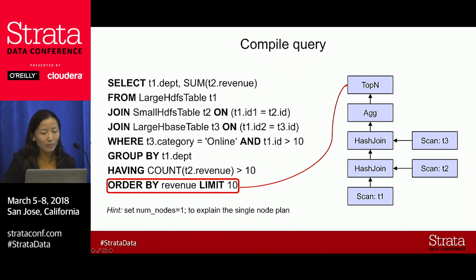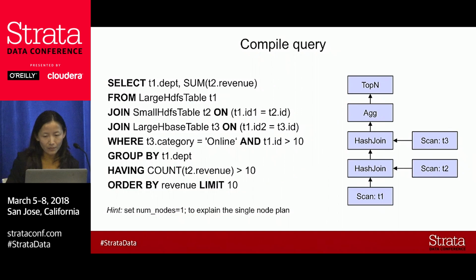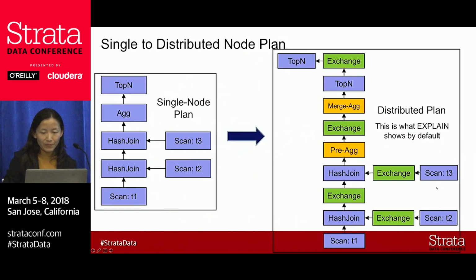So at the join part, we will base on the cost of the 2 scan sides to see how we should adjust the join order. So at this step, you compile the query and generate a single node plan.